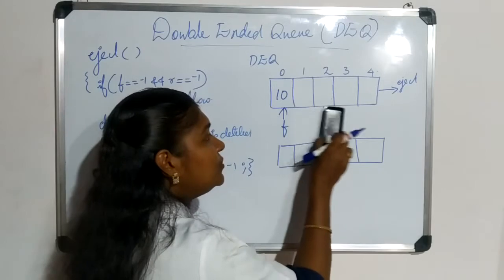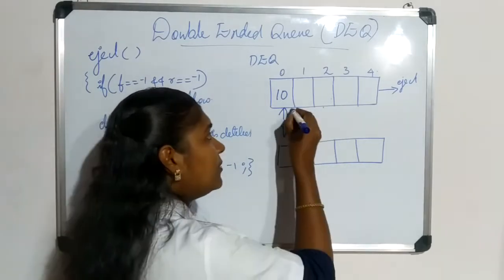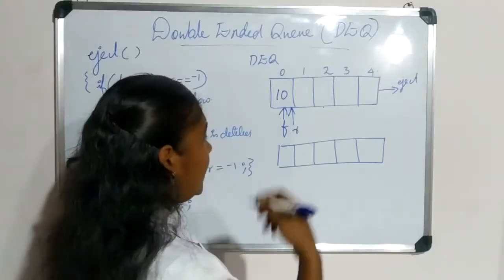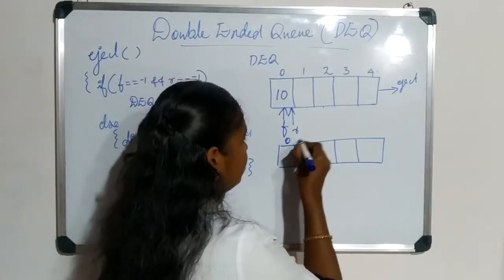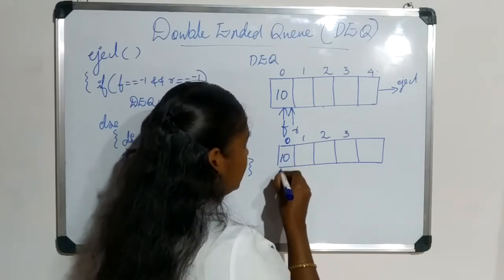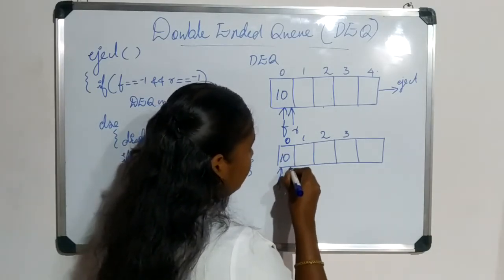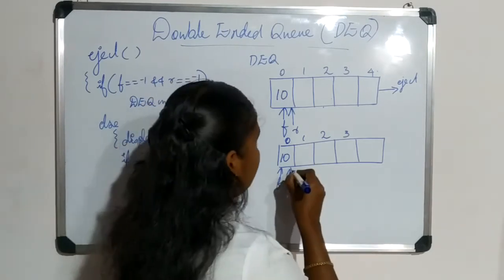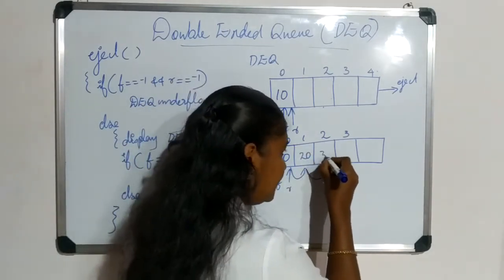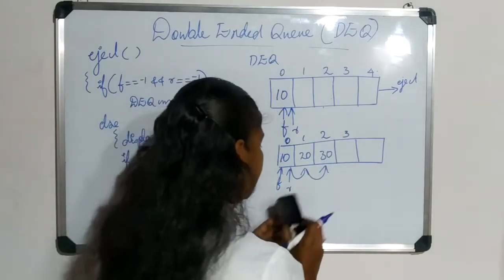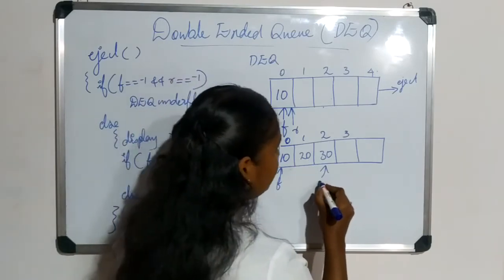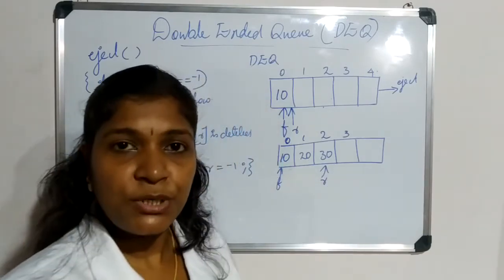In this case, to which location would our rear be pointing? To position 0, right? And let's consider some other example. I am entering 10, so that front and rear point to this location. Then 20, then 30. Okay, so right now, what is the status of our queue? Our front is pointing to position 0 and rear is pointing to position 2.